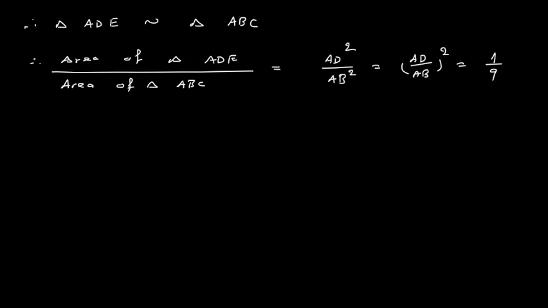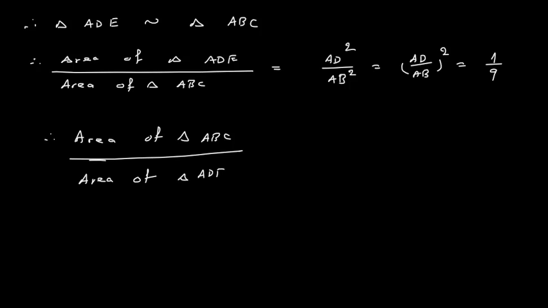So let us write this in reverse order. I will say that therefore area of triangle ABC upon area of triangle ADE is equal to 9 upon 1. Now this area of triangle ABC I will divide into parts.